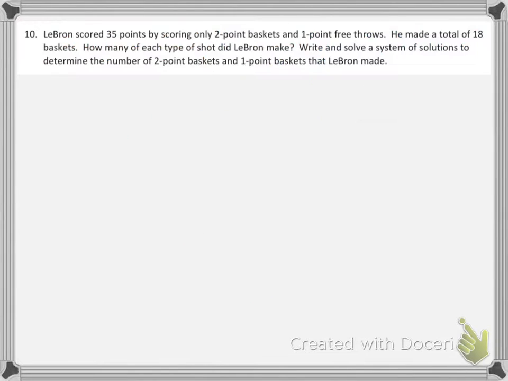Number 10. LeBron scored 35 points by scoring only 2-point baskets and 1-point free throws. He made a total of 18 baskets. Well, if my 2-point baskets are x and my 1-point baskets are y, then I can say the number of 2-pointers plus the number of 1-pointers is a total of 18 baskets.